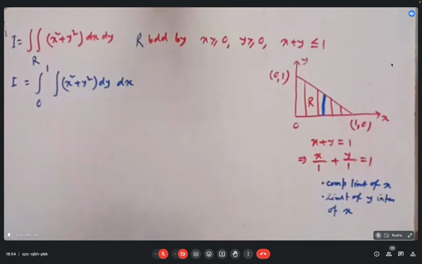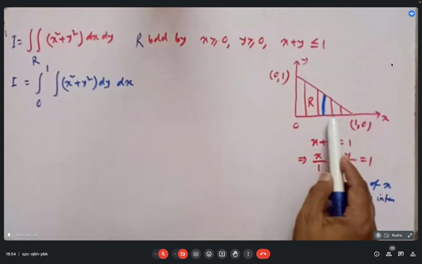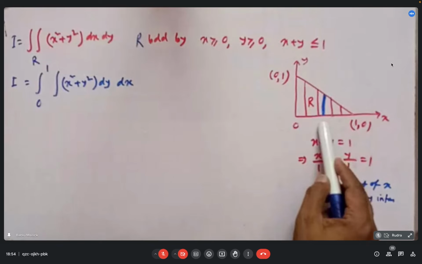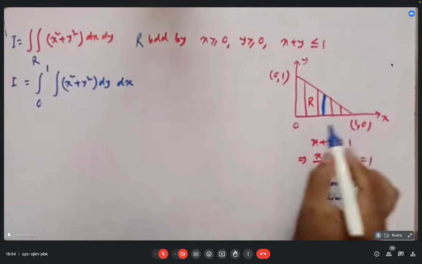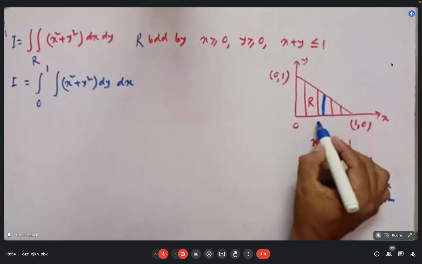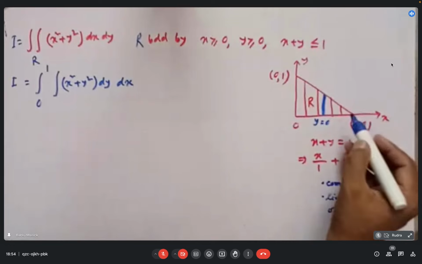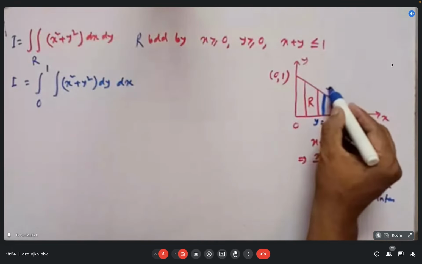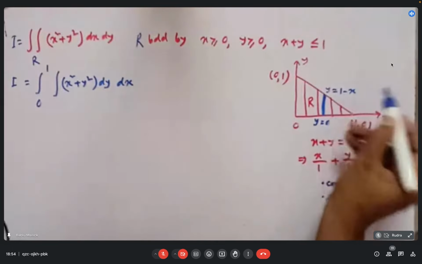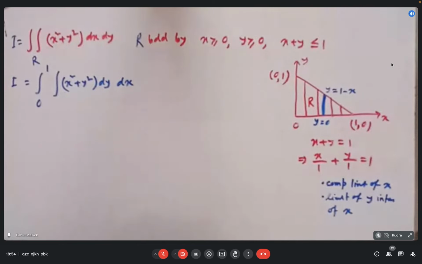The lower limit is on the x-axis, so y is equal to 0, and the upper limit is on x plus y equal to 1, so y is equal to 1 minus x.